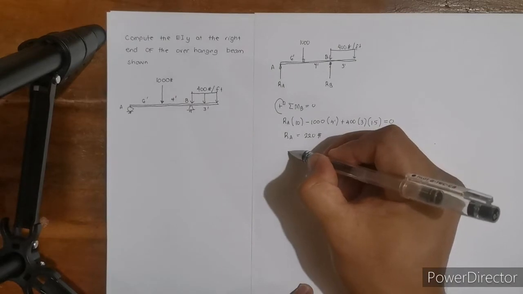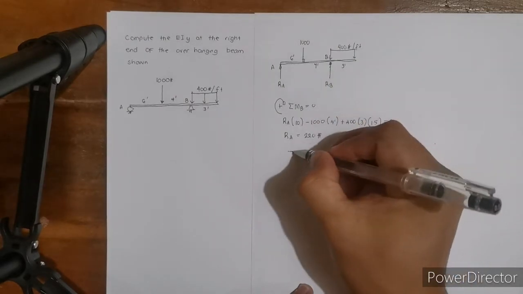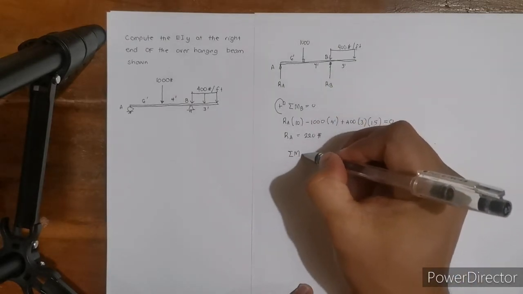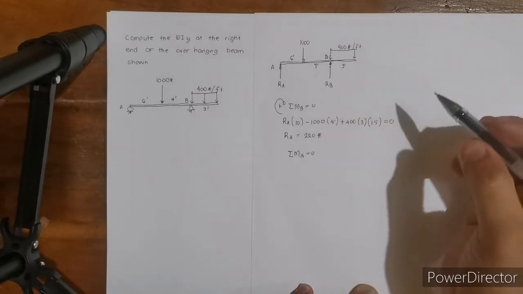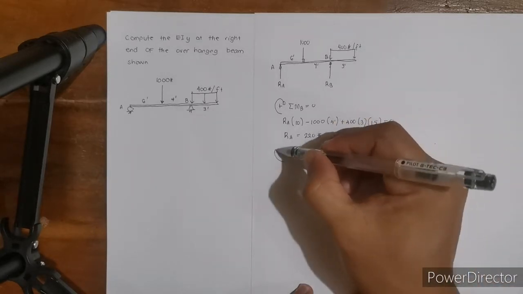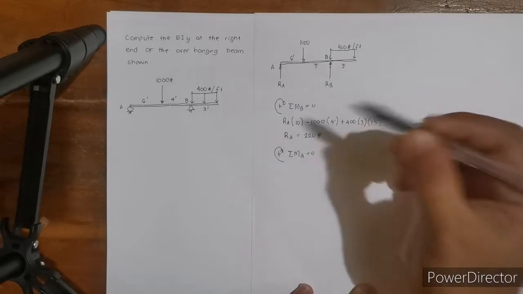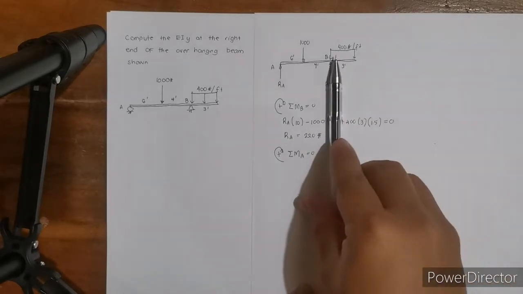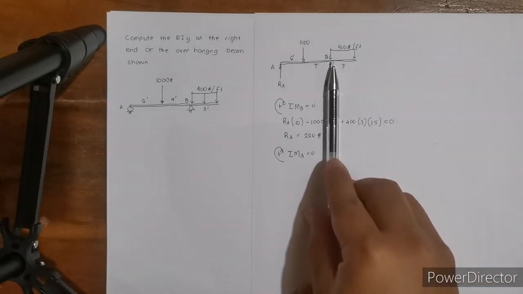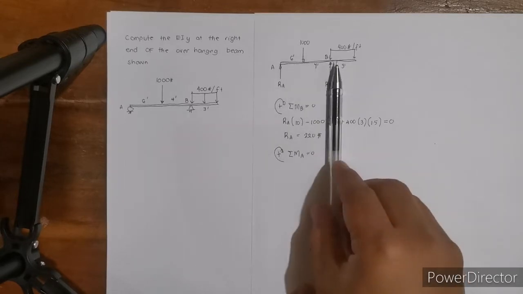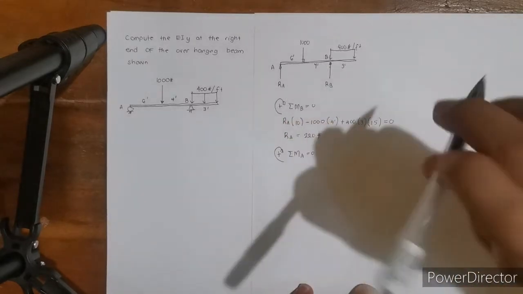And then, para makuha yung reaction at point B, we will take summation of moment at point A, taking clockwise motion as positive. Okay, take natin moment. RB, papunta kay point A, ang galaw, clockwise motion. So that is negative.